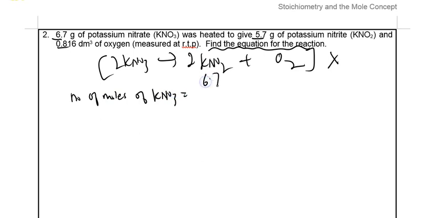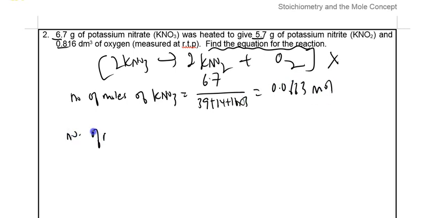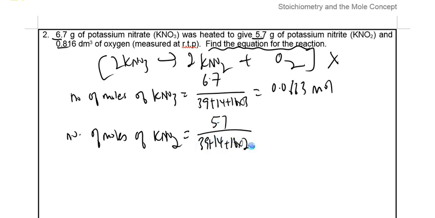I have 6.7 grams divided by molar mass 39 plus 14 plus 16 times 3. I have 0.0663 moles of KNO3. So number of moles of KNO2 would be 5.7 divided by 39 plus 14 plus 16 times 2, and I have 0.0671 moles.